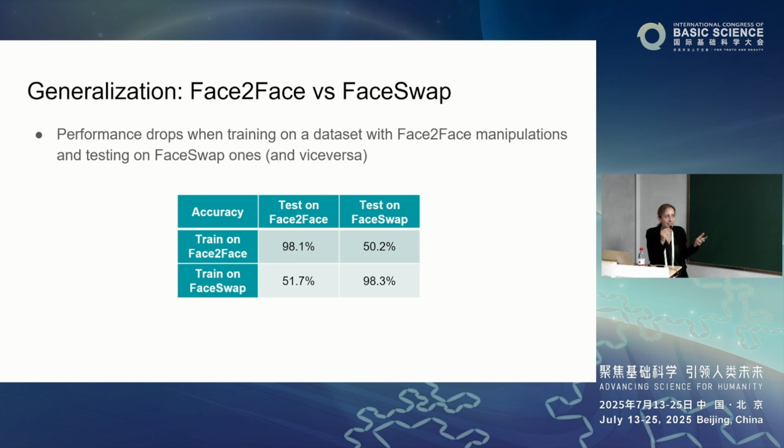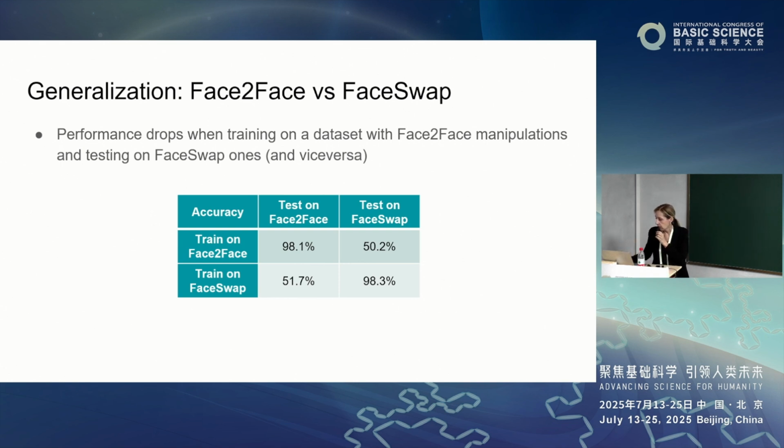At test time, you should know which type of manipulation was used, which is quite unrealistic. So everything is perfect again if training and test are aligned. But if there is a misalignment, so you are training on a different manipulation compared to what you have during test, the performance goes from 98 to 50%.